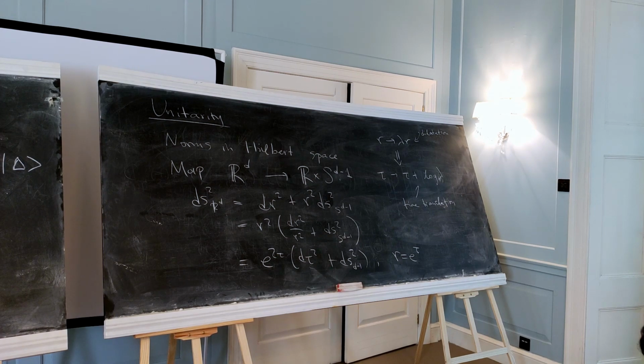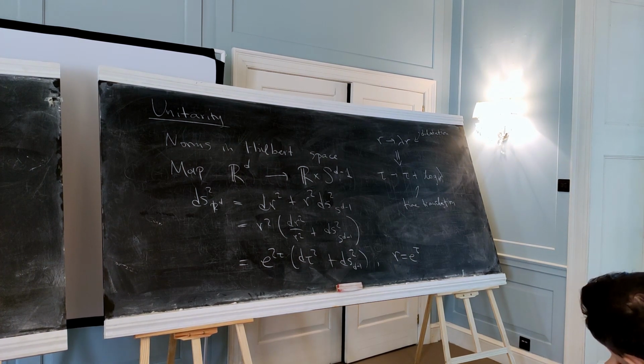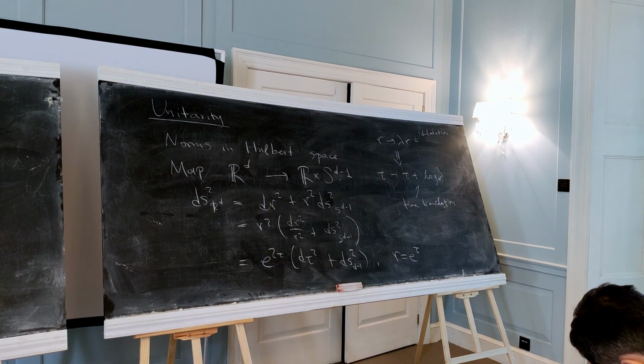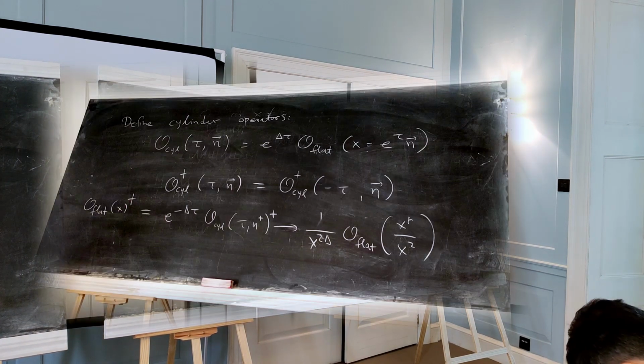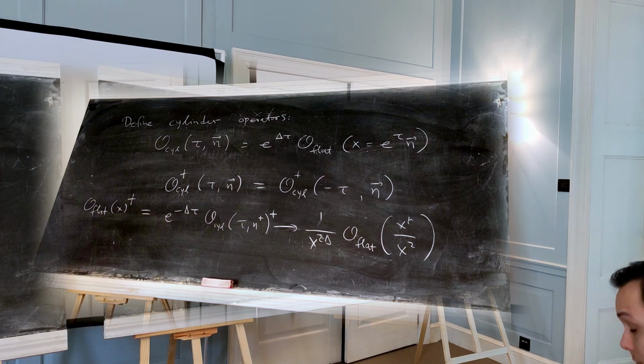So let's see how you do that. Let's define these cylinder operators. They're defined on R times S^(D-1), on that cylinder, by giving a time on the cylinder and then some normal vector.